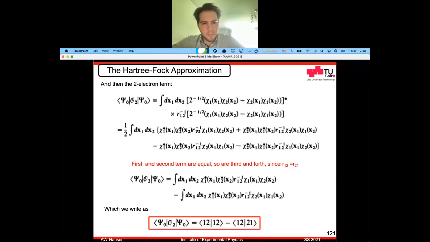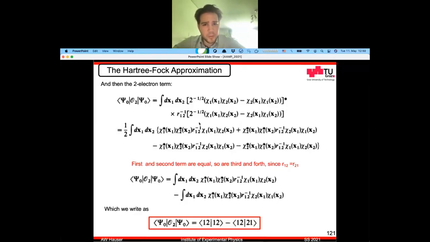But we can see that the first and the second terms are equivalent, and so are the third and the fourth, because in the 1 over R12, it doesn't matter if it's R1 minus R2 or R2 minus R1, so the operator doesn't change.